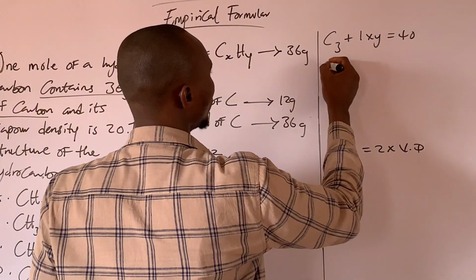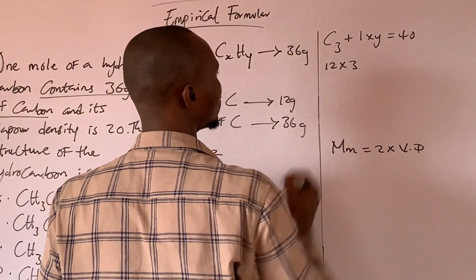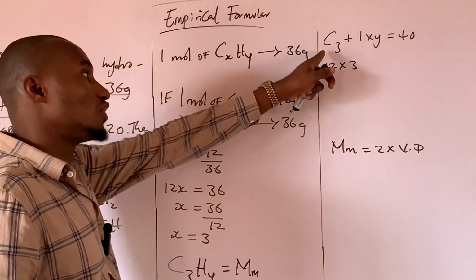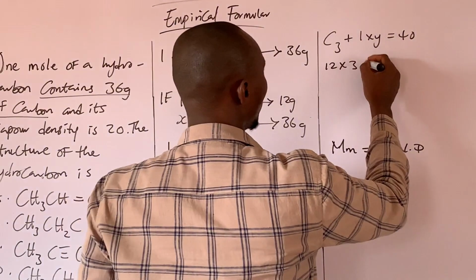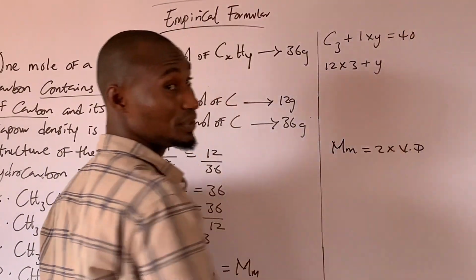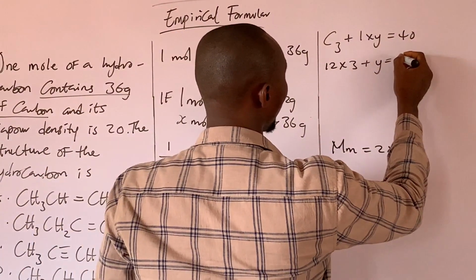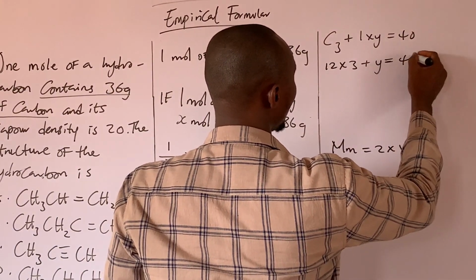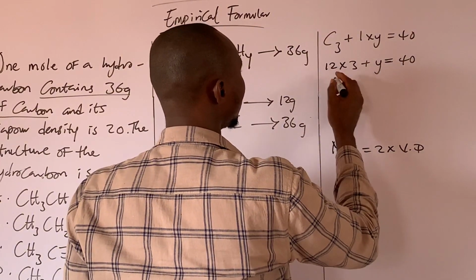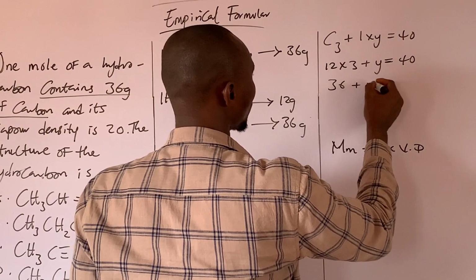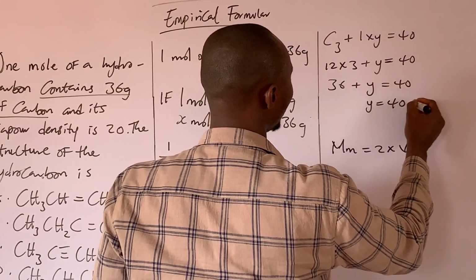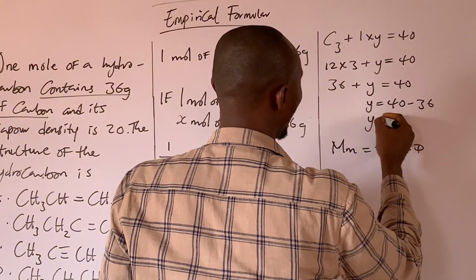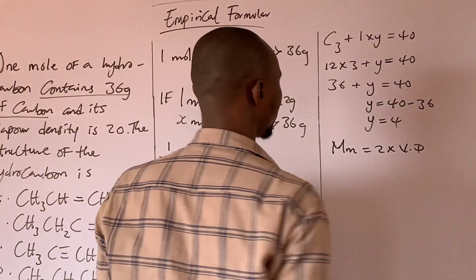This is 12 times 3 because the mass of carbon is 12, plus 1 times y gives y. So 36 plus y equals 40. y equals 40 minus 36. y is equal to what? 4. Good.